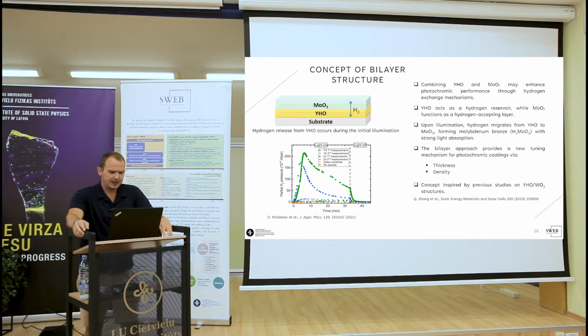So in principle, if we deposit molybdenum trioxide on top of it, then molybdenum trioxide can accept this hydrogen, and again, the very well already discussed reaction can happen and molybdenum bronze can form. This is the idea. And in our study we thought, let's study how, for example, the thickness of molybdenum trioxide or density influences it. The concept is not new. It's already shown in yttrium oxide tungsten trioxide bilayer structures.